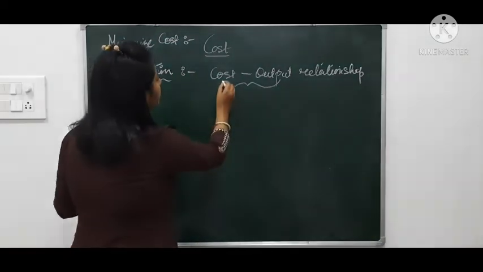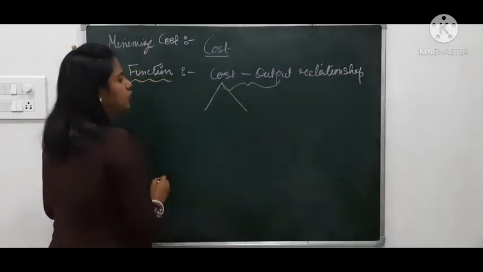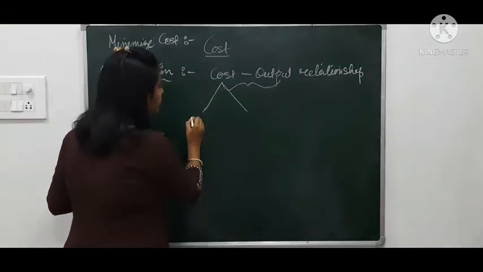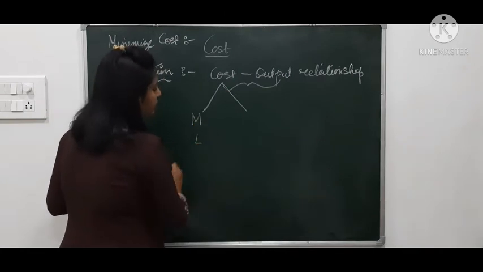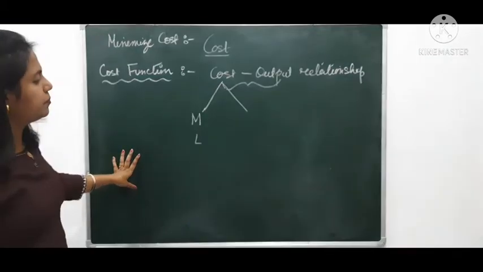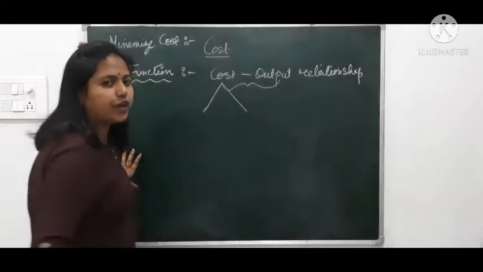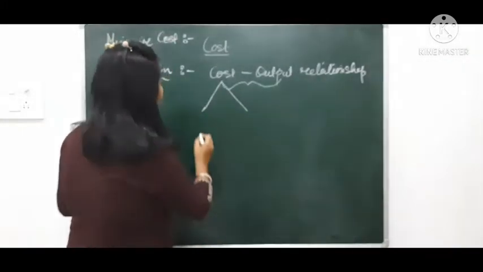Now you know that cost depends on different elements. We have material and labor, which are the two basic elements of cost. But from now onwards, we are going to take two factors of production.